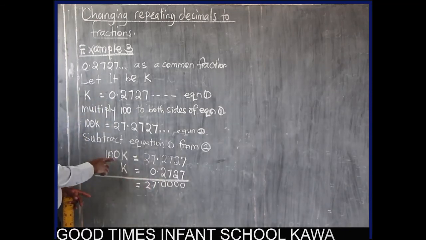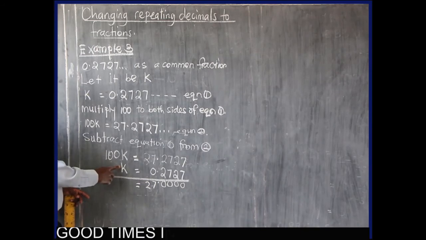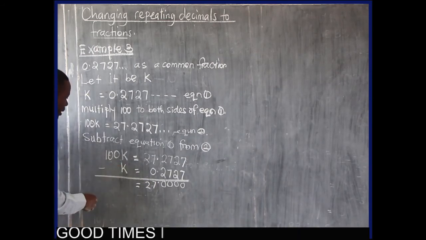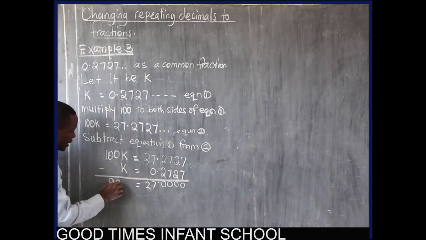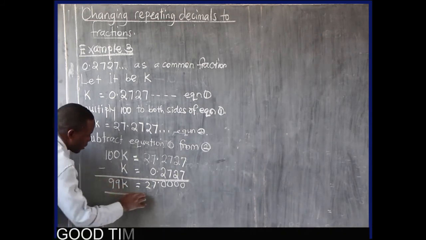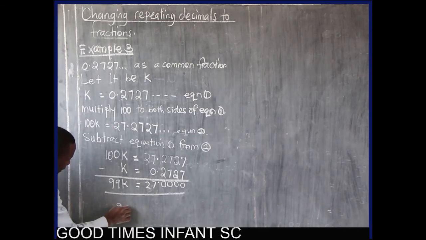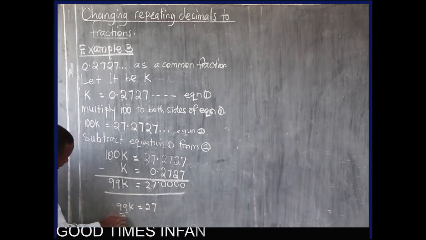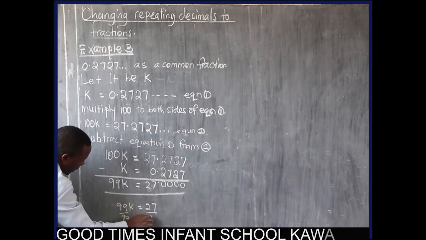Equals, now 100k minus 1k, that would be 99k. Therefore, 99k equals 27. Divide both sides by 99.